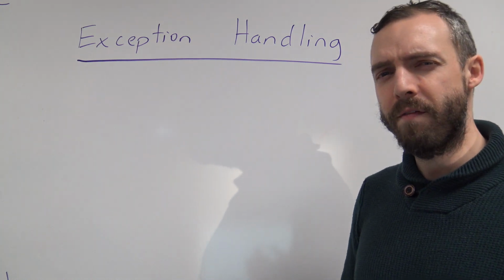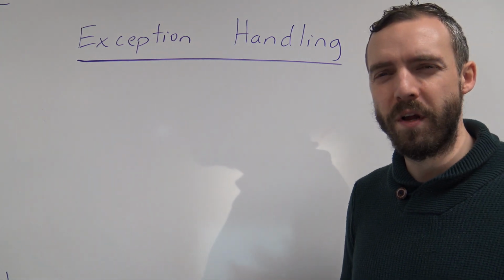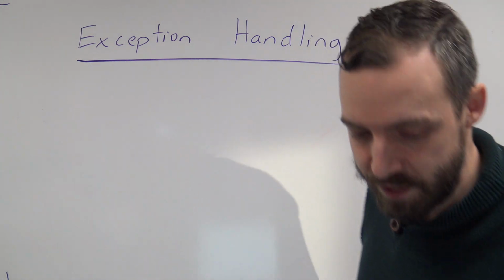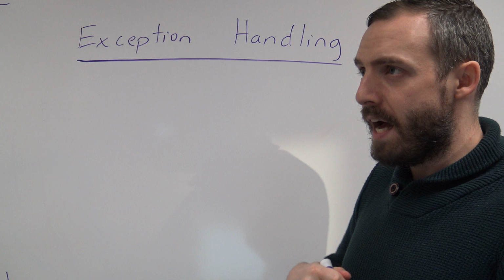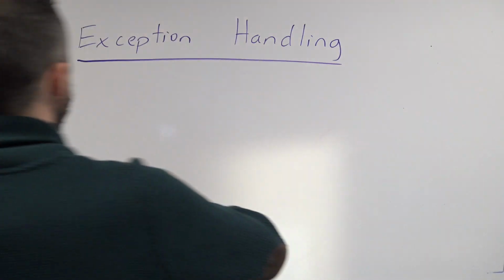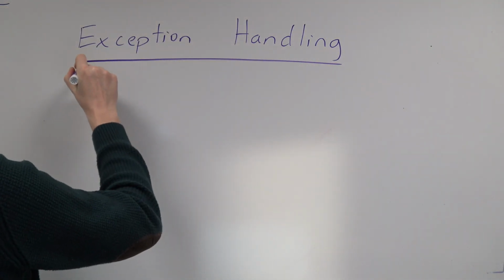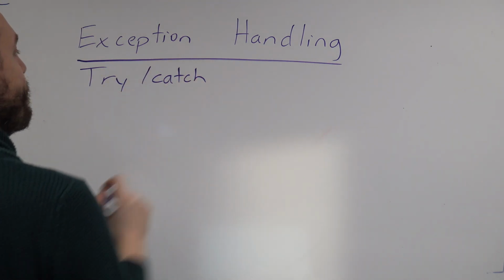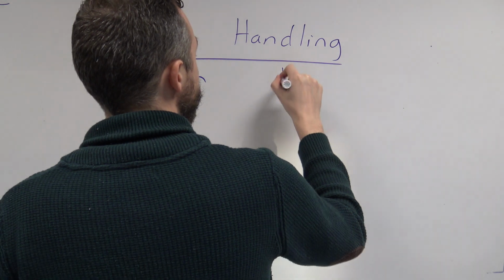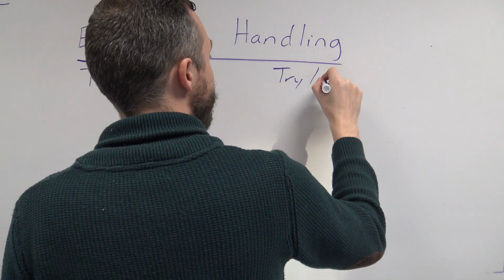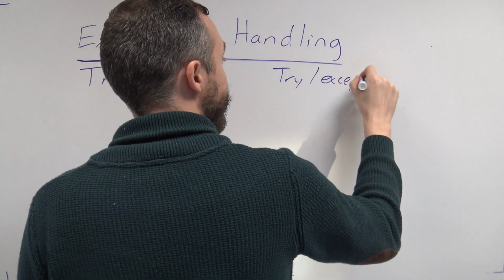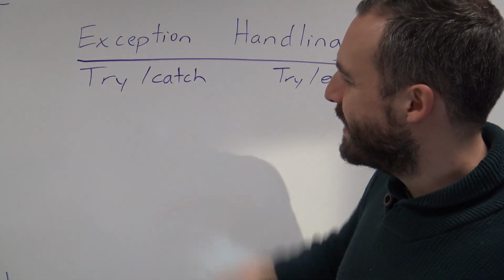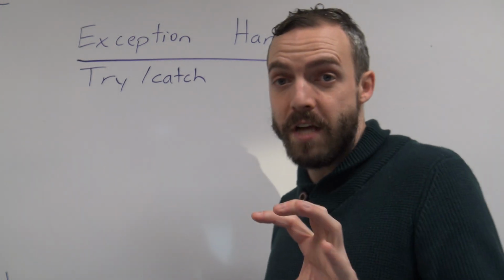So the main reason for this is to prevent crashes during our program's runtime. And I want to offer you a metaphor to help you understand what's going on before I dive into some specific coding lessons of how to implement it in both of the languages. In Java, the framework of our exception handling is called try, catch. And in Python, the main idea is similar, but we say it's try, except. So the core metaphor is: try to do something but catch any problems.